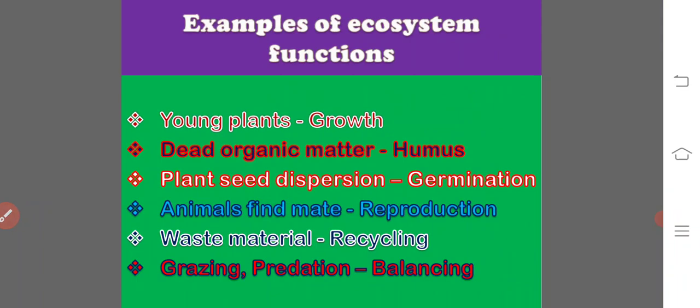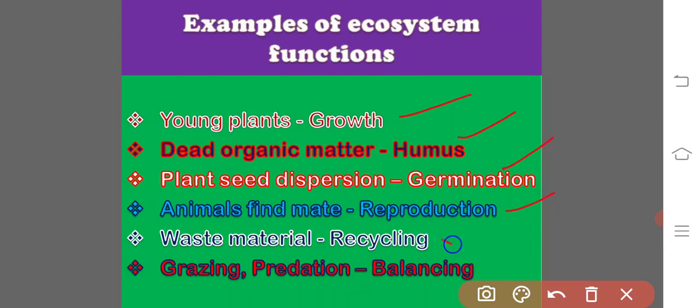And there are different examples of the ecosystem functions. Let us see. The young plant shoots actively produce biomass to achieve growth. Dead organic matter decomposes into humus. Plant seeds disperse to various places through special accessories or animals as vectors and germinate in areas where they get deposited, and animals find their mates and reproduce.